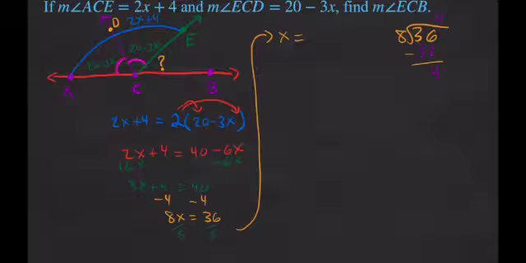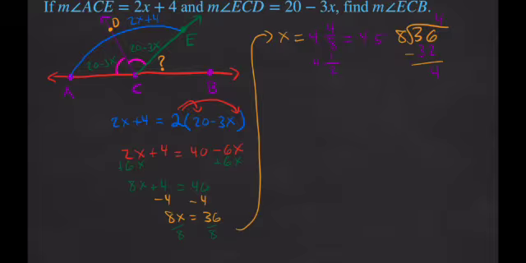So in other words, this would end up to be 4 and 4/8. 4/8 is a half, so this would be 4.5 if you wanted the decimal. Okay, well, that's the x value.